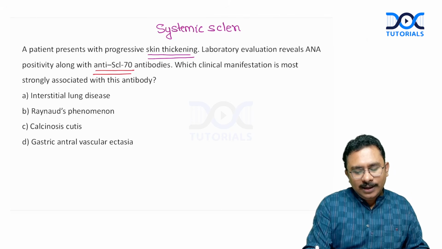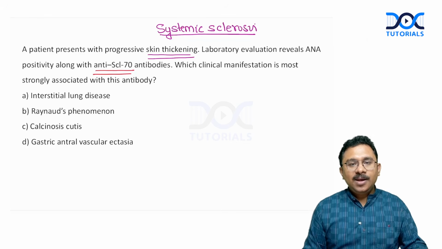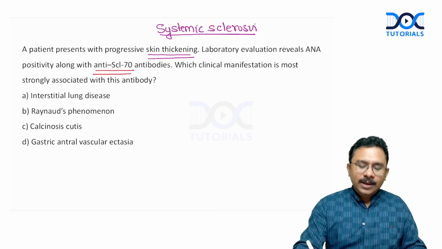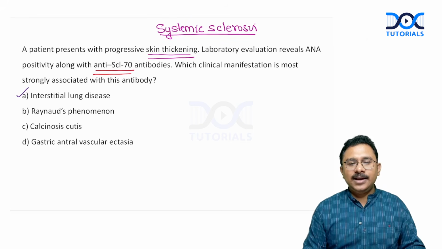And the antibody positivity tells you that this is probably a diffuse cutaneous systemic sclerosis. And a patient with diffuse cutaneous systemic sclerosis with a positive anti-Scl-70, I've told you that is a high risk of developing interstitial lung disease.